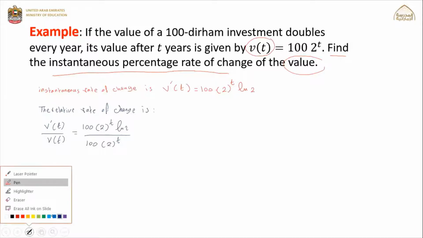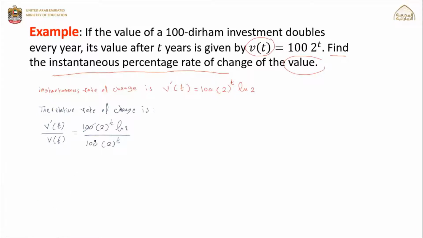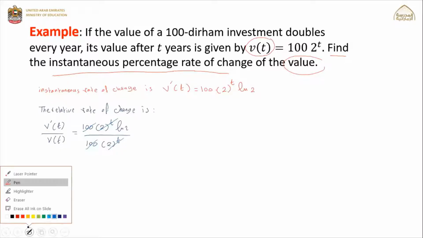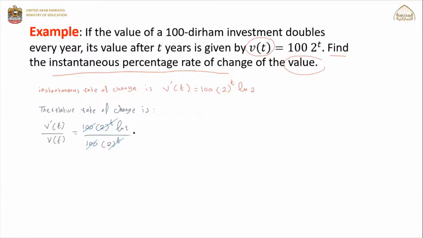Now I can cancel 100 with 100 and 2 to the power t with 2 to the power t. That gives me ln 2, which equals 0.693. This value is the relative rate of change.